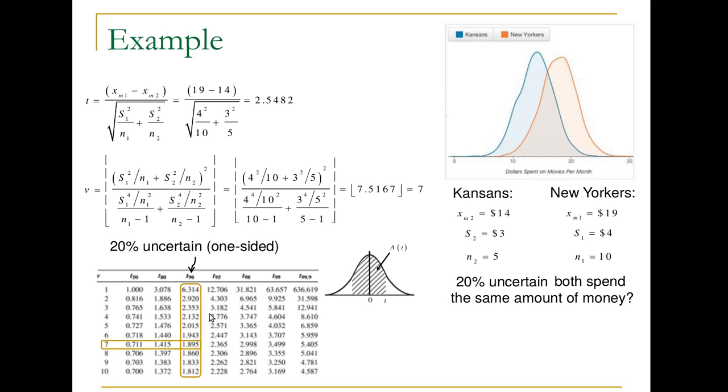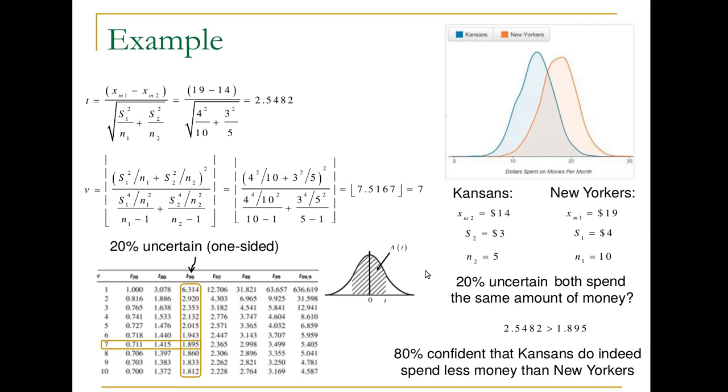And on the t90 column, the row for nu equals 7 gives us 1.895, which is less than 2.5, the actual value for t that we computed. So we cannot say with 80% confidence that New Yorkers and Kansans spend the same amount on movies per month. In other words, we're 80% confident that people in Kansas do spend a different amount of money than people in New York every month on movies.